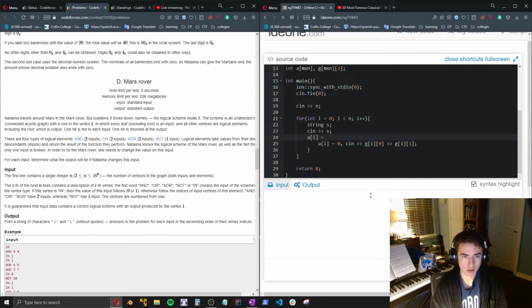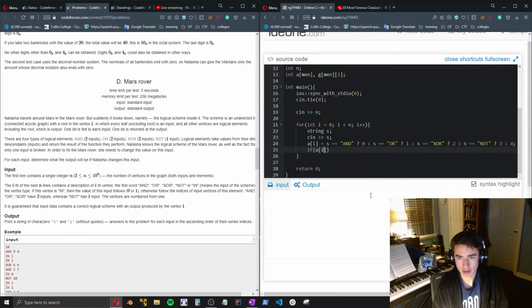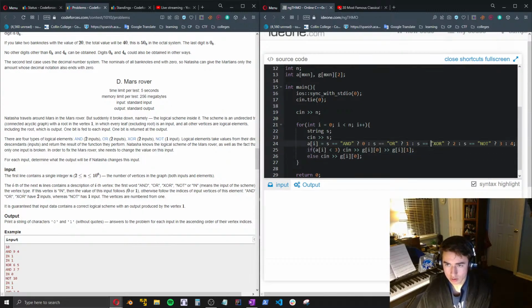Let's do a of i is equal to... now we say if a_i is less than 3, cin i0 i1, else... so like if the operation is and or XOR, there are 2 inputs. So we read in g of i0 and g of i1, else we just read in g of i0.